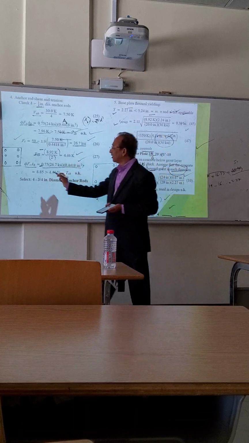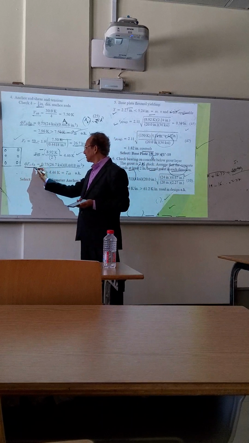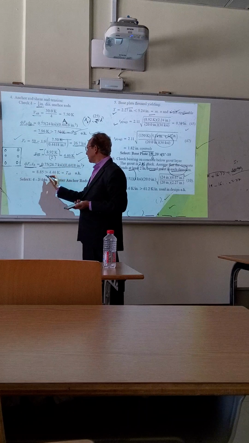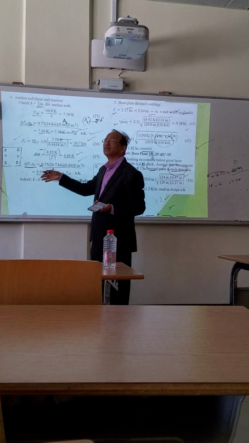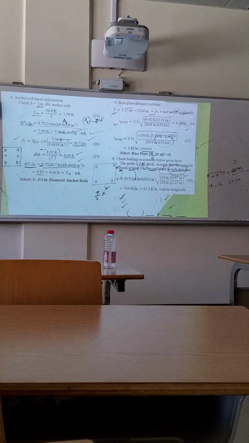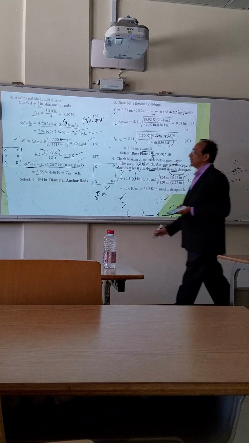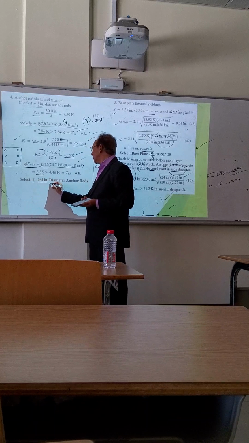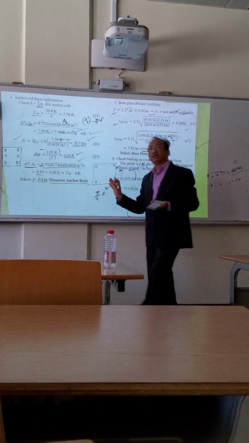So the strength of your bolt is this, and the force coming to the bolt is only 4.46, so it is much stronger. Okay. Then you can say, okay, select 4 bolts of 3 by 4 inch diameter anchor rod.